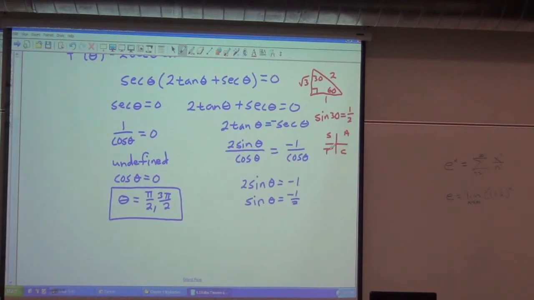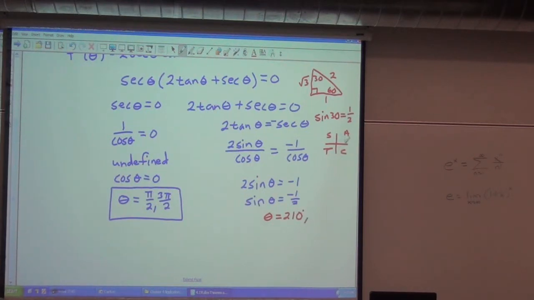Sine is negative down here. Since sine is up and down, wherever you go down, sine is negative. So if we had a triangle here, we go 180 plus 30, we go 210. I like to think in degrees too, then go to radians. So it's 210.